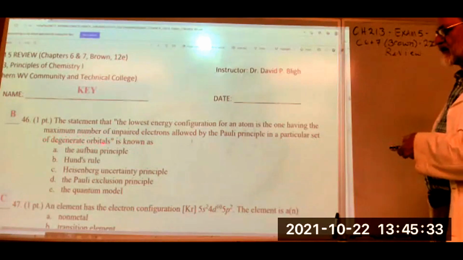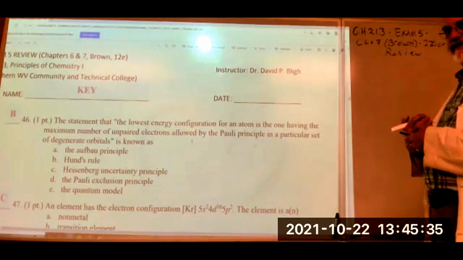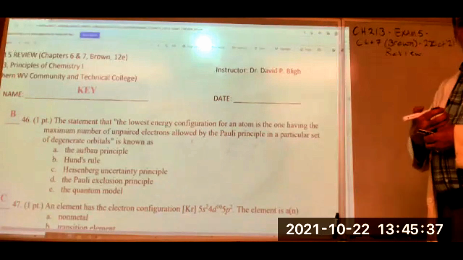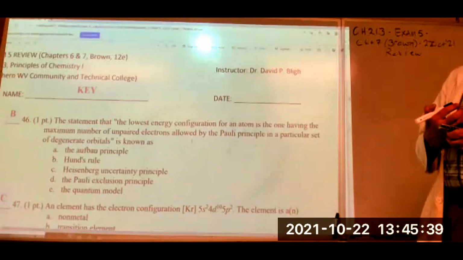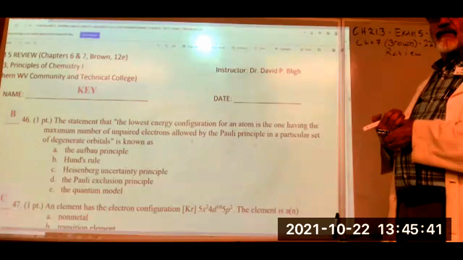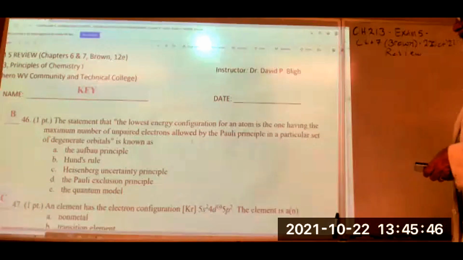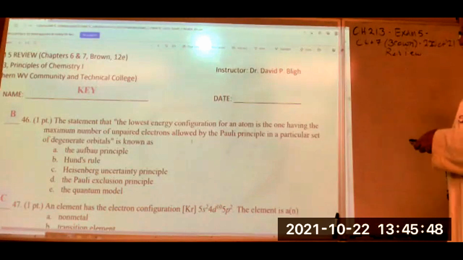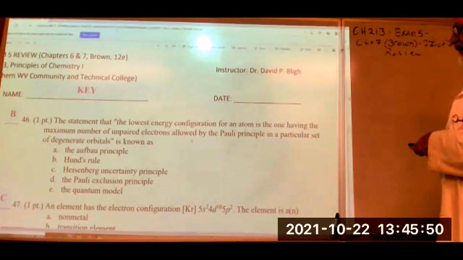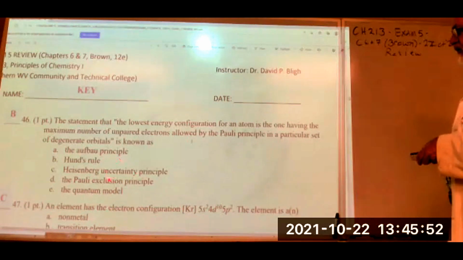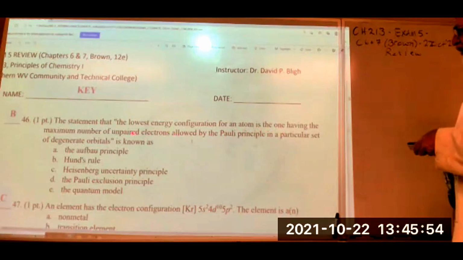We didn't talk about what degenerate means. Degenerate means their orbitals are at the same energy level. That's all that means. I don't know why they call it that. So which of these rules applies to that principle?